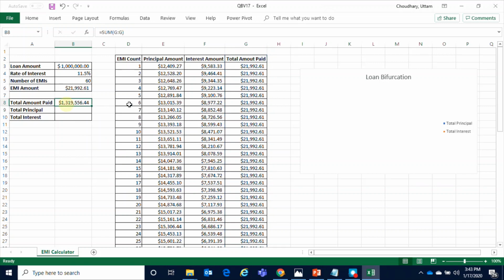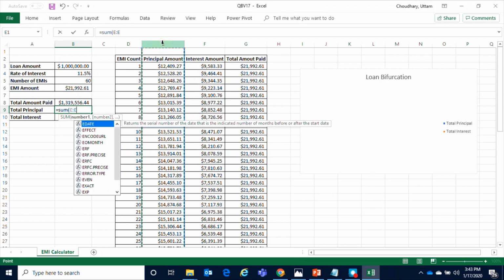So it is saying that for $1 million of loan amount, I have to pay $1,319,556.44. Now, what is the principal amount? We know the principal amount is 1 million, but I will still do the sum of the principal amount.